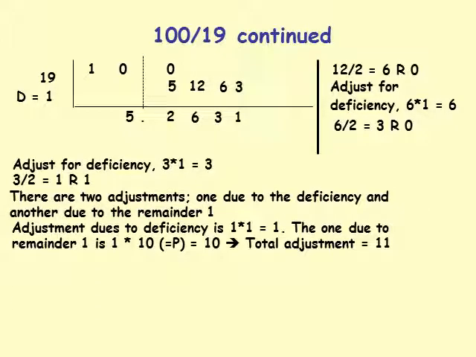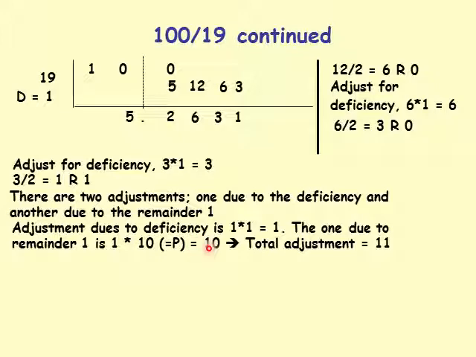The adjustment due to the deficiency is 1 times 1, which is equal to 1, and the one due to the remainder is 1 times 10. P is a proportionality here. 1 is my nominal remainder and 10 is my proportionality, and 1 times 10 is equal to 10.